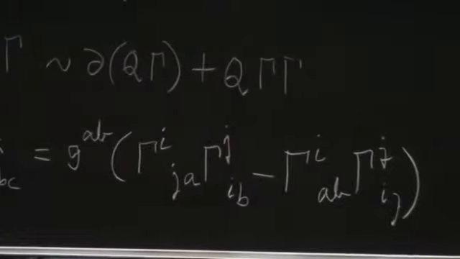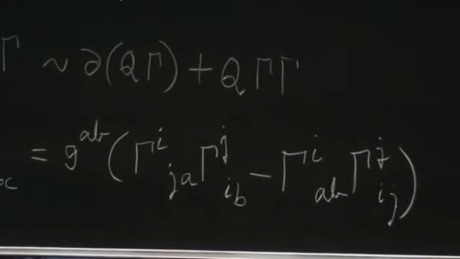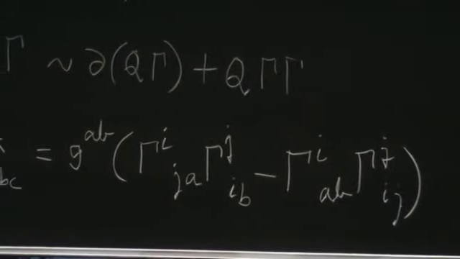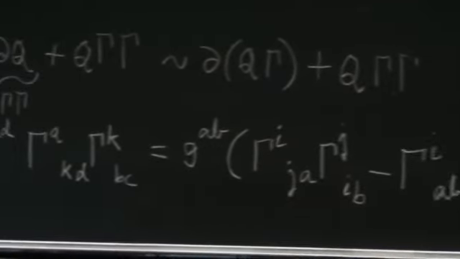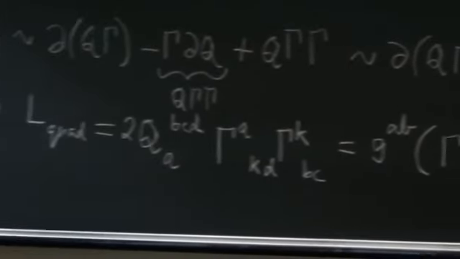It's worth writing it down once. So you have a term which is just the quadratic part of it, which has this structure, and then there is a surface term.